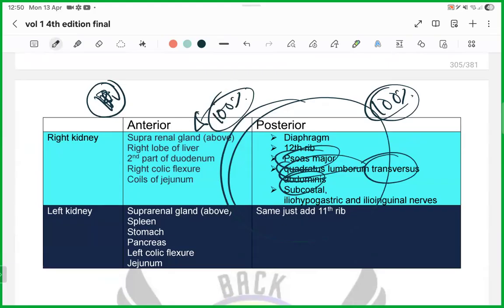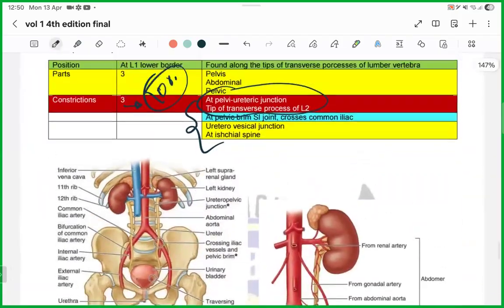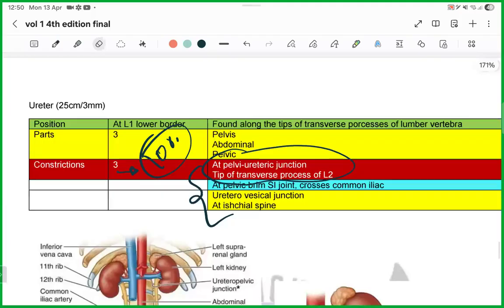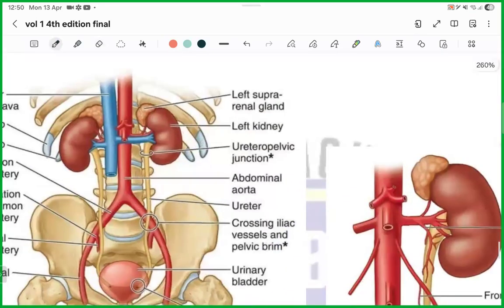Remember all of it. And see from the 3D where I have shown you the kidney, ureter. Guys, ureter is important. This one is not so important, but remember about the parts and constrictions. Why are constrictions important? If you have a stone, where will the stone lodge? At the constrictions, because these are the narrow areas.